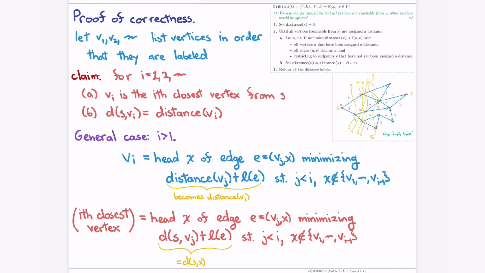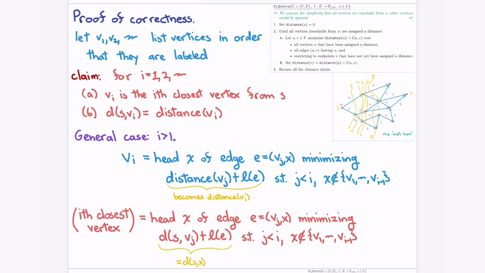That's really all I know. And that is enough to tell me that the ith closest vertex is going to be the opposite endpoint of an edge from one of the closer vertices, minimizing this sum, distance SVj plus length e, right? And that'll give me the distance to x.